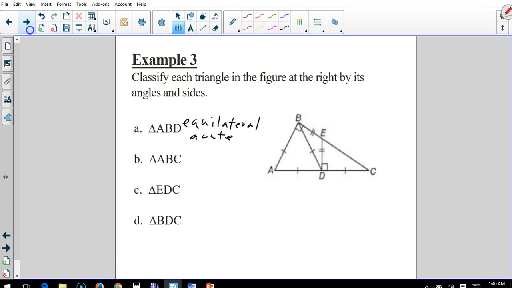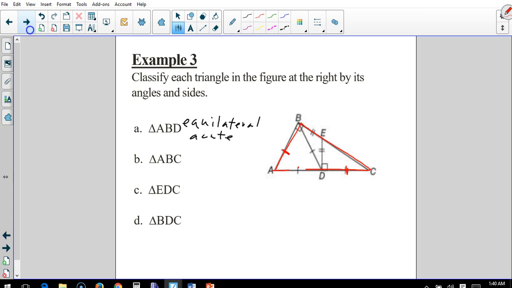ABC. That's this big one right here. Well, this has one hash mark. This has two of the same hash mark. So let's pretend this was 5. That would make this 10. So either way, AC is double AB.